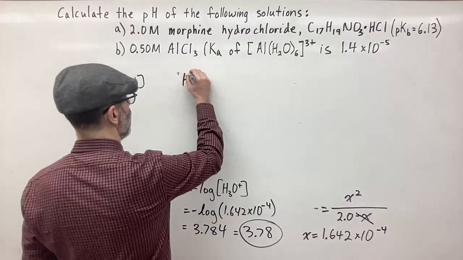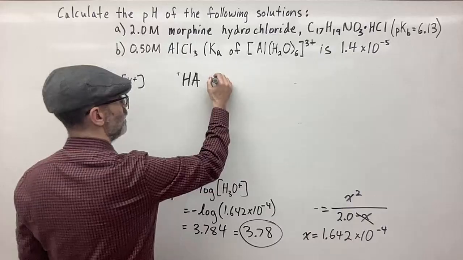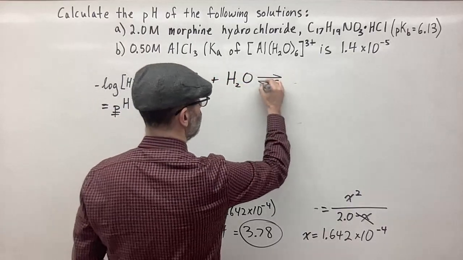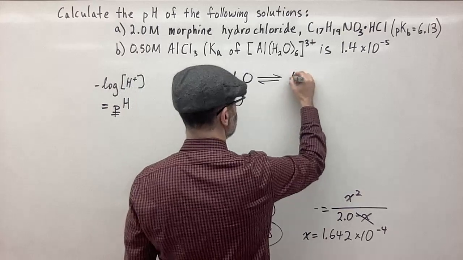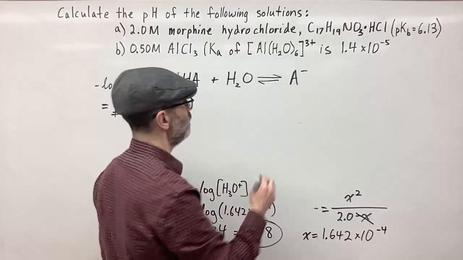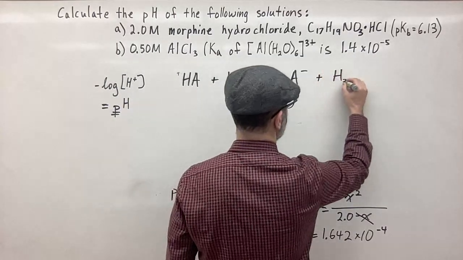So here we have HA. That's going to react with water to form the A minus, which is the leftover anion, plus the hydronium ion.